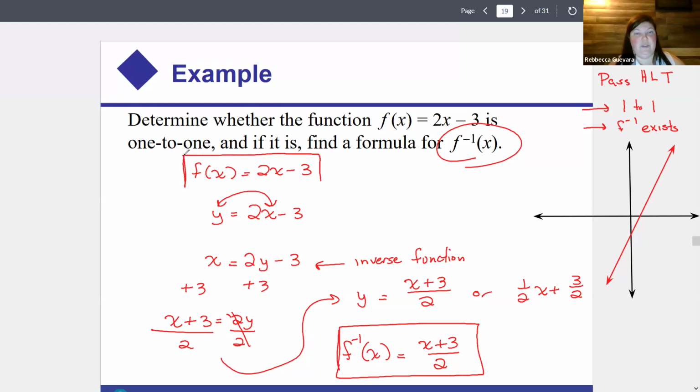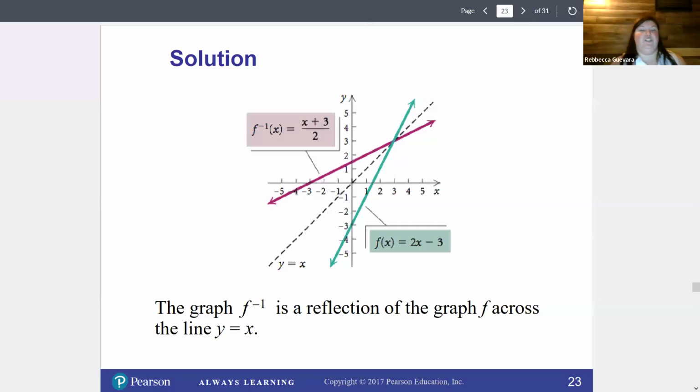So this is the original function, and this is its inverse function. And also just to point out, f is the inverse of f inverse as well. So these are inverses of each other. And just to show you, if we were to graph these together, our original in the green was this linear equation.